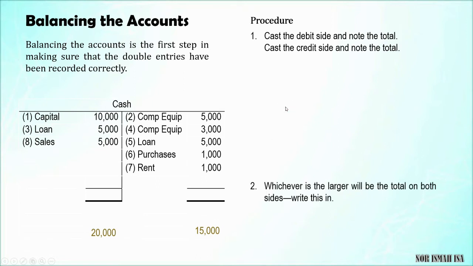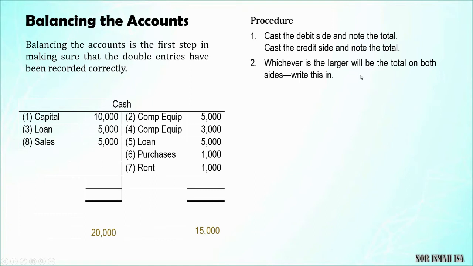And then whichever is larger will be the total on both sides. So you just take the bigger number, which is 20,000. So you put 20,000 for the debit and also for the credit.